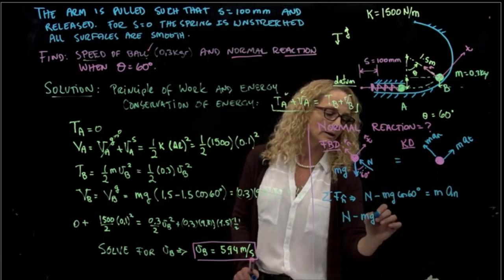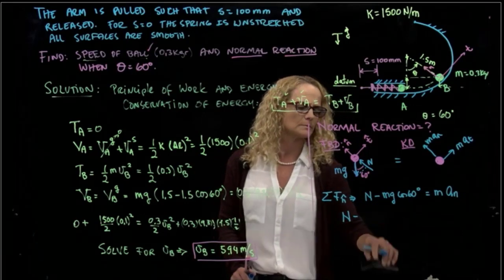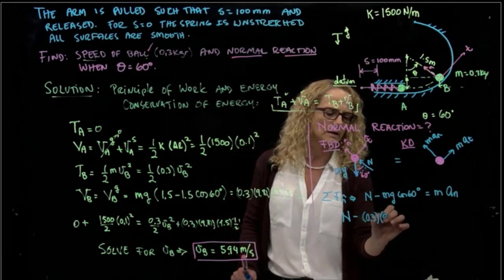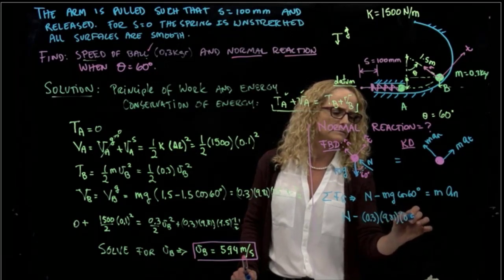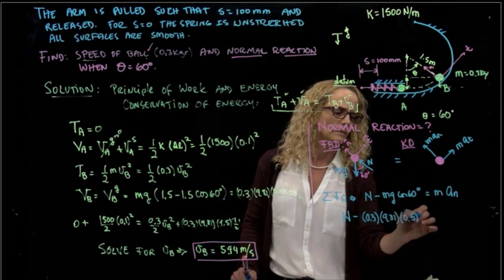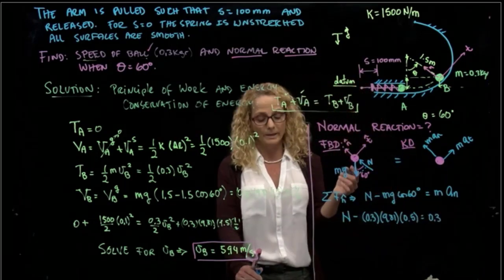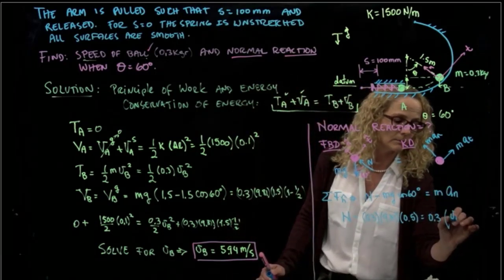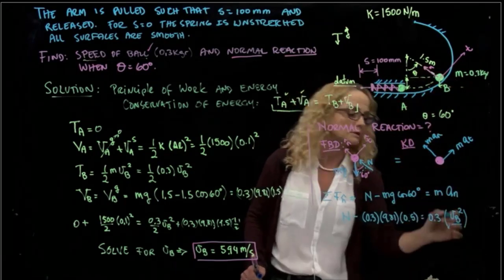Cosine of 60 is 1/2, so I can substitute the numbers: 0.3, 9.81, 0.5, and 0.3 times the normal acceleration. The normal acceleration, as we know, is v squared over the radius of curvature, and the radius of curvature is 1.5.